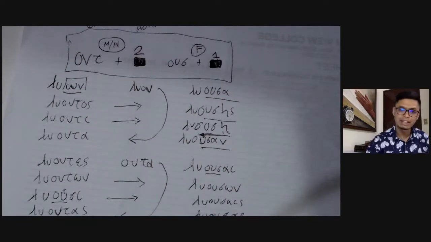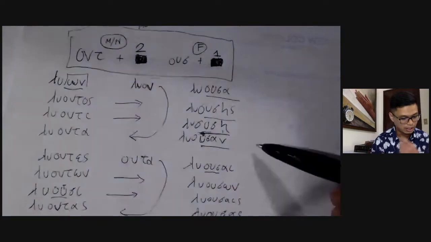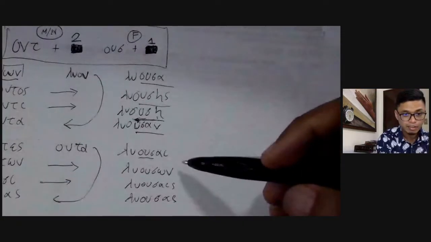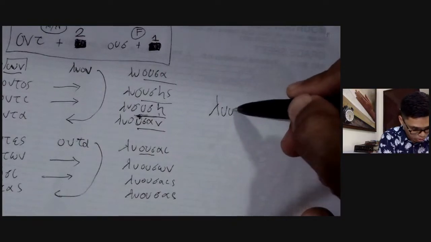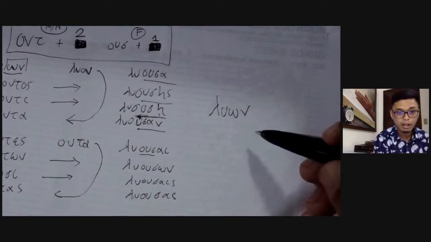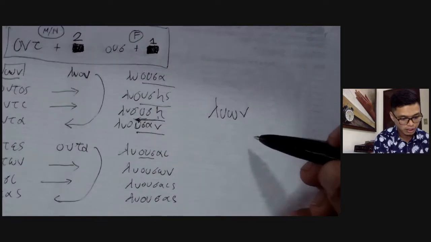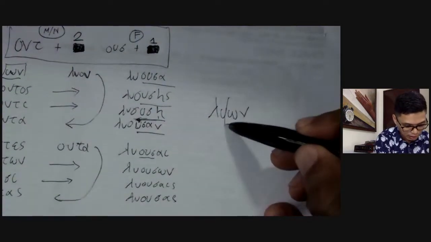What about the tenses? Right? How do we know the tenses? Well, let's give a parsing example here. For example, I have the word luon. How do I parse luon? It's very simple. You cut it here.